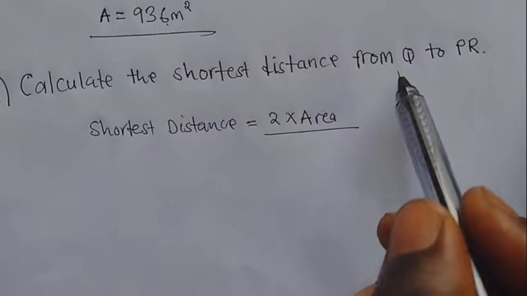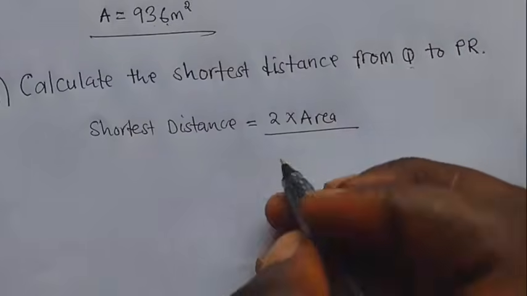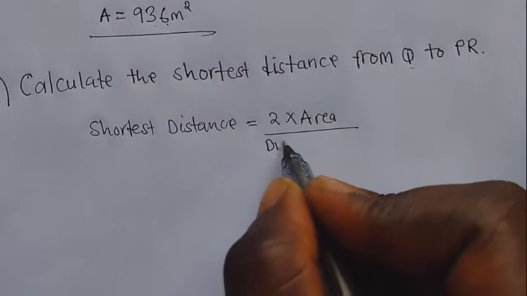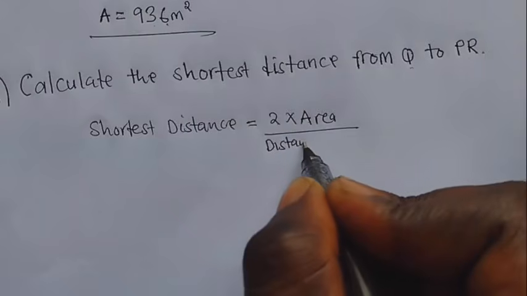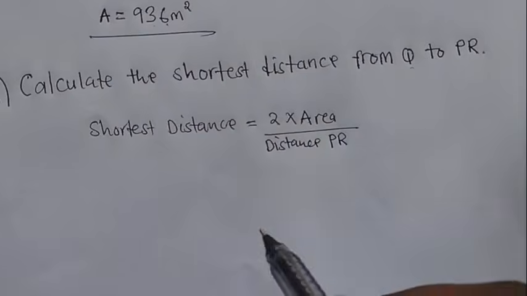Remember, it's the shortest distance from Q to PR. So you get 2 times the area and then you divide it by the distance of PR, along the line where the shortest distance is touching.